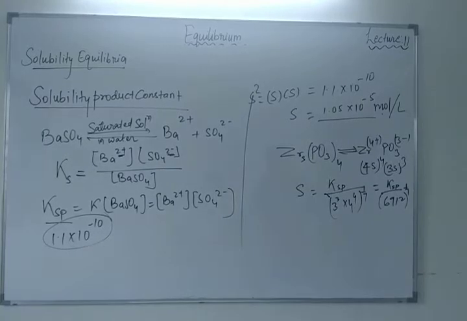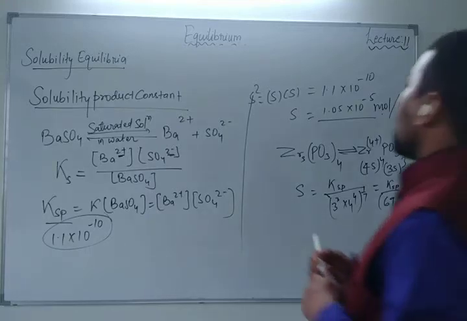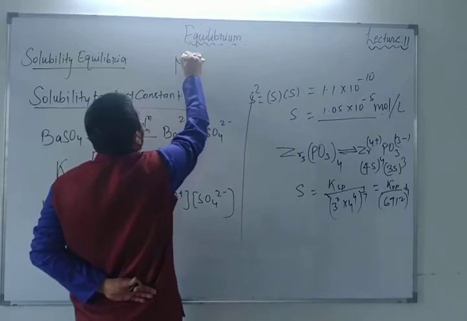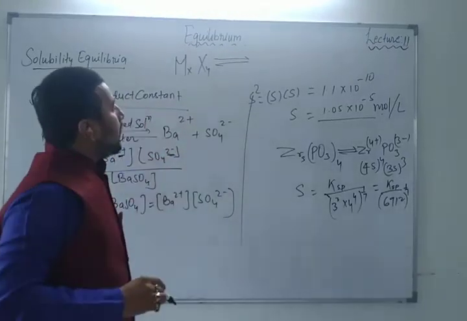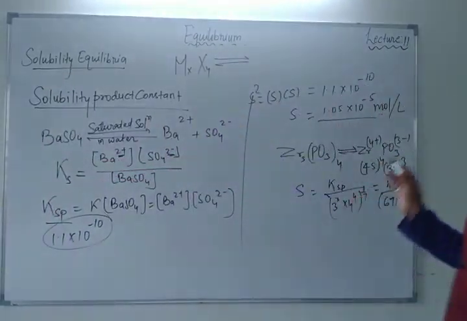So here the solid salt of general formula MxXy dissociates into x M to the power p plus and y X to the power q minus. This is the molar solubility in the equilibrium. The saturated solution may be represented by the equation. So if you want to calculate for any salt, how will you do it?